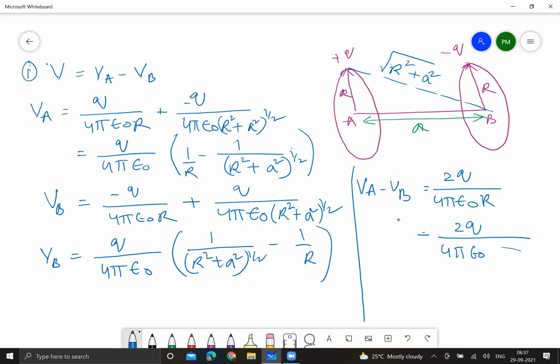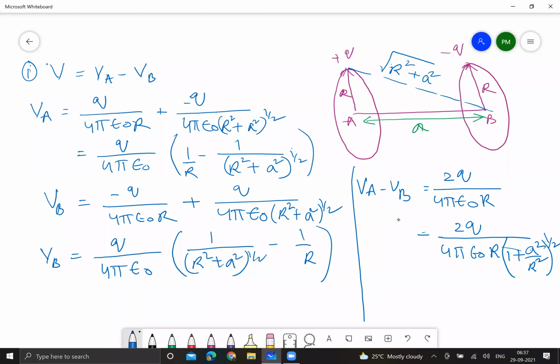If you take R square common, it becomes R into 1 plus a square by R square to the power of 1 by 2.